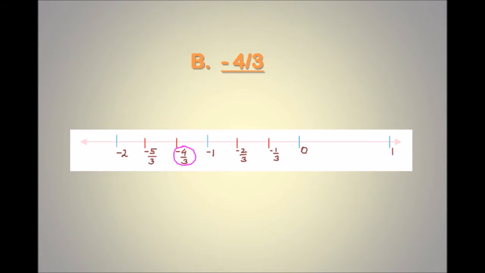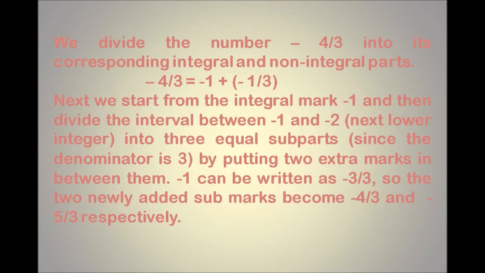Next is minus 4 by 3. Now it is a negative rational number and also it belongs to the case 2 type because the numerator is more than the denominator. So now first of all we will be separating this into two parts. One is the integral part and the other is the non-integral part.